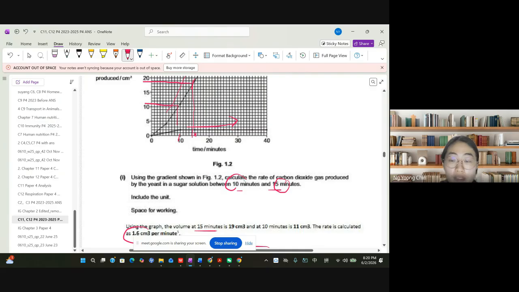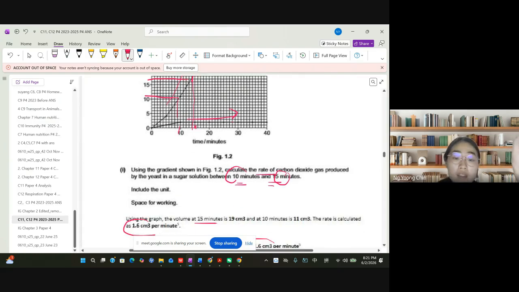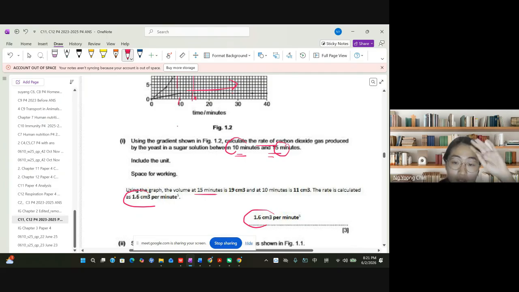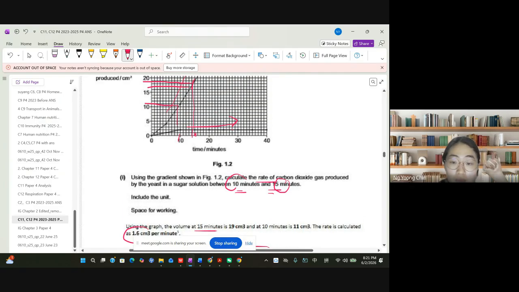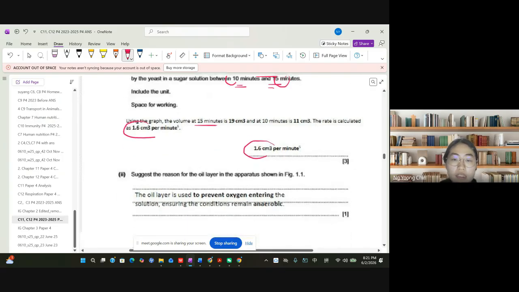Because we want to calculate the rate of carbon dioxide produced between 10 and 15. So 10 is around here. You can use a ruler later to plot on the graph, and then you get the answer.